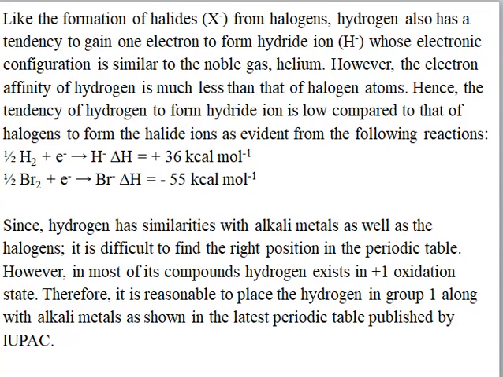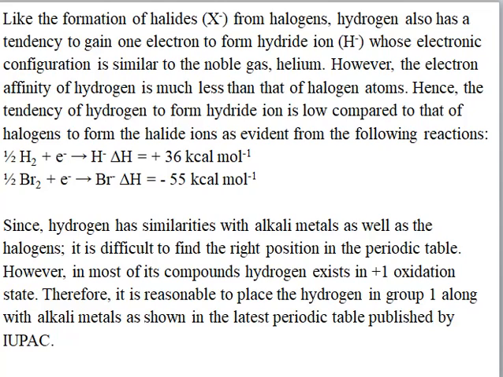Hydrogen accepts an electron by absorbing an energy of 36 kilocalorie mole inverse 1, but bromine, a halogen, gives out -55 kilocalorie mole inverse 1. So the electron affinity values differ greatly.